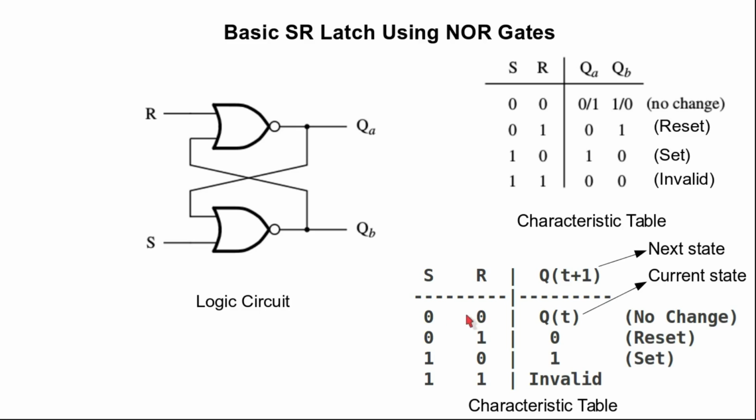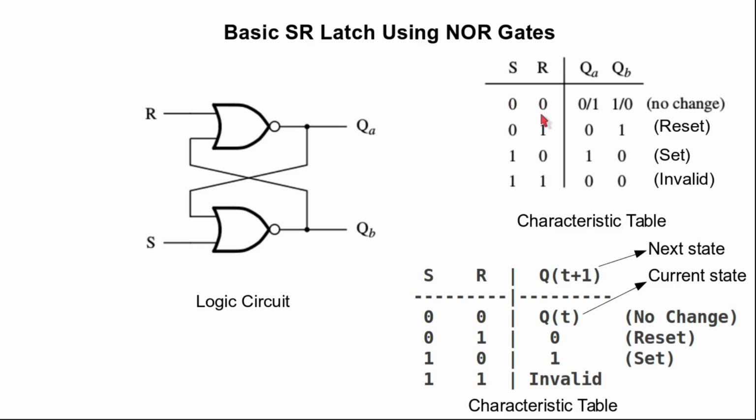And as we change the input, the state of the latch will change, and that would be our next state, which is Qt plus 1. So what is the state at time t, and once we change the inputs, what will be the state at time t plus 1? So Qt is the current state and Qt plus 1 is the next state.